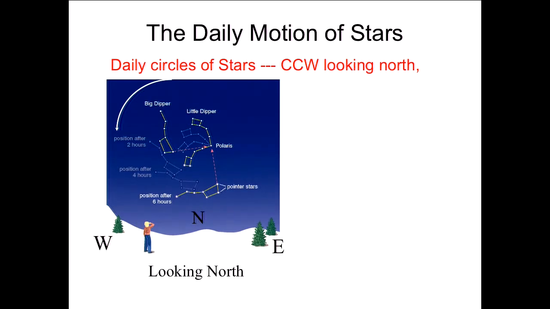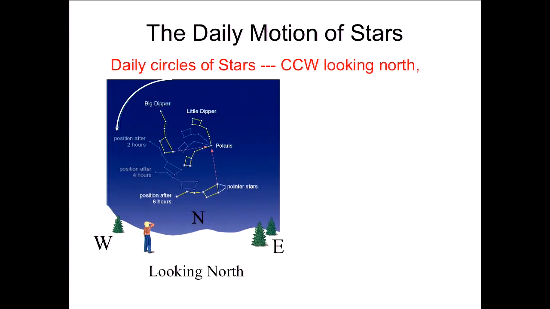And you can see in this diagram, here's where the Little Dipper was at one time. Here's where the Big Dipper was at one time. And then you see in this sort of shadow constellations here, here, and here. And then Big Dipper is here, here, and here. They moved during 6 hours. And the reason the constellations appeared to move, they didn't move. It's just that you on the Earth rotated toward the east, leaving the constellations behind.